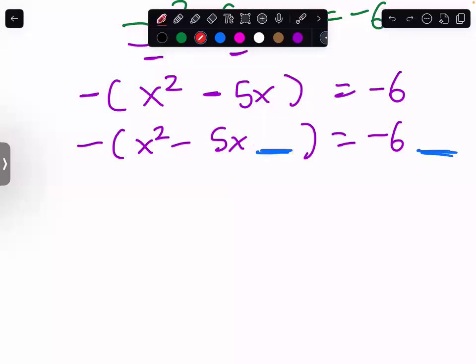So you keep the negative in front, and you still have parentheses, but remember, the exponent of 2 will move from the inside to the outside. So it becomes regular x on the inside, and the exponent moves to the back on the outside.